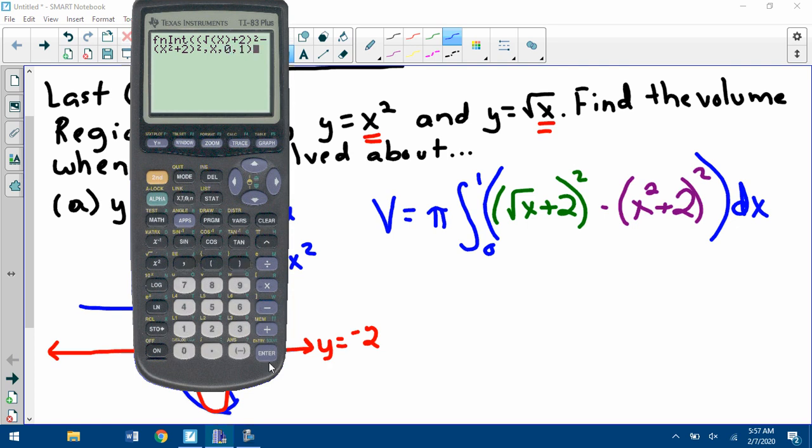When I plug it in, I get that number, which I don't know if that's going to math frac. Nope, so I'm just going to multiply it by pi.